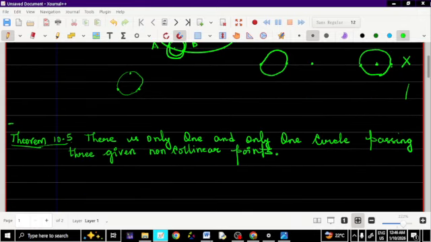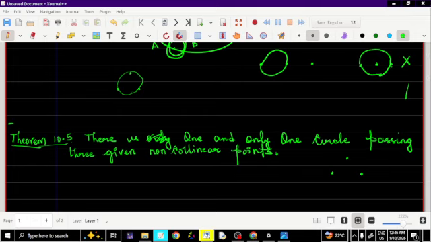Theorem 10.5. There is one and only one circle passing through three given non-collinear points. This means if I give you three non-collinear points which are not on a line, then you can draw one and only one circle, a unique circle which will pass through all three of them.